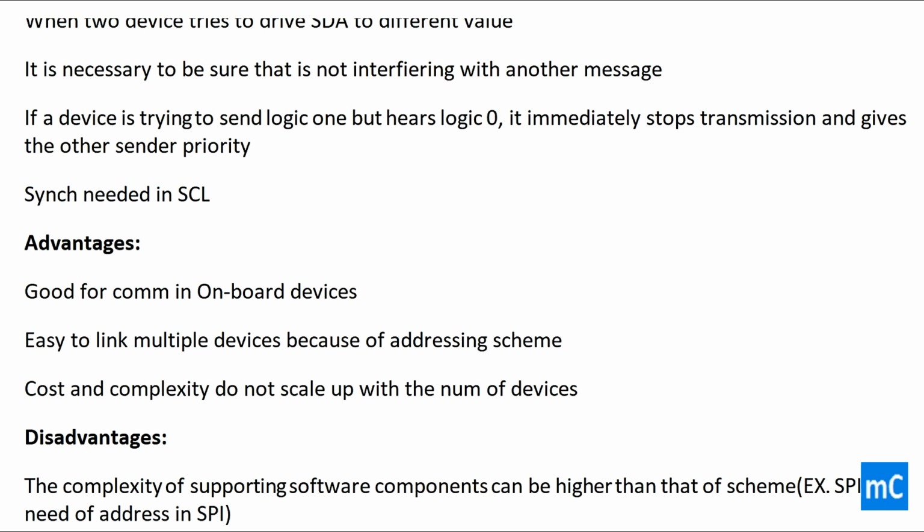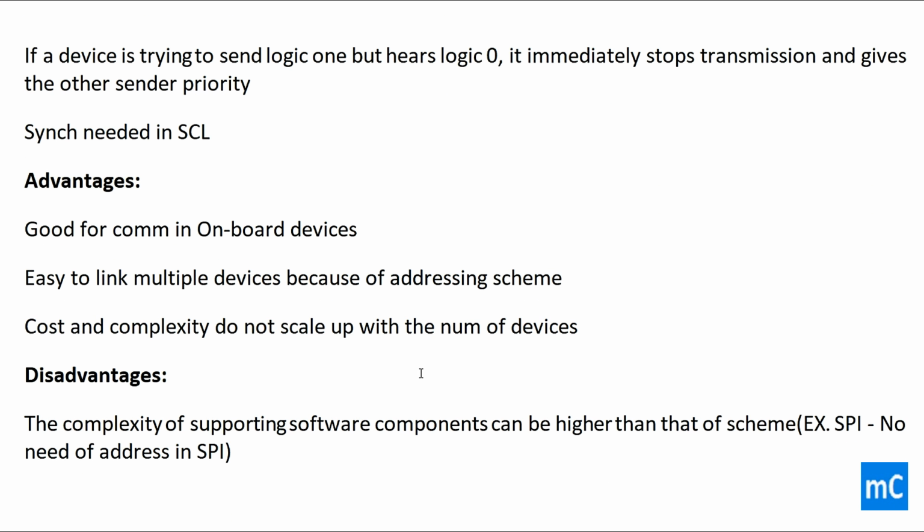We will look into the advantages and disadvantages of I2C communication. The advantage of I2C communication is it is good for onboard devices, that is, when the data transfer needs to happen from one device to another which requires less distance.